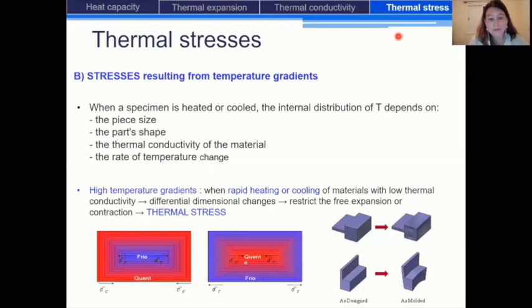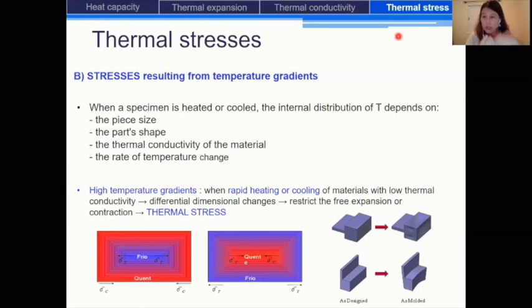So in fact, the external part, which is hot, experiences a compressive stress, whereas the opposite occurs on the internal part of the piece, because the external part expands, and so it applies a tensile stress to the internal part.